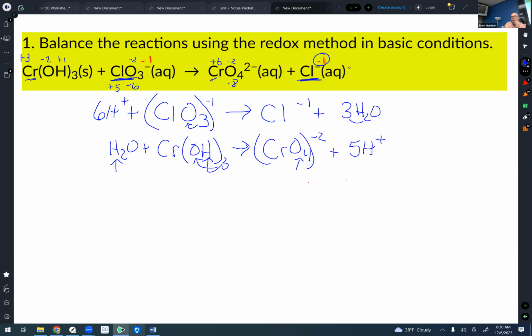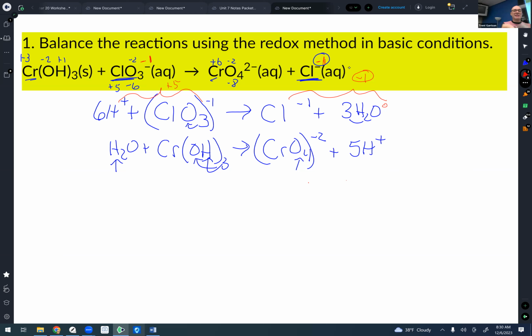The 6th step asks us then to add up all of the charges and make sure that they are balanced on both sides. Now, they don't have to equal 0. The sum of all the charges over here on the left side is -1 because the charge of water is 0. Over here on the right, my charge so far is +5. 6 minus 1 is +5.